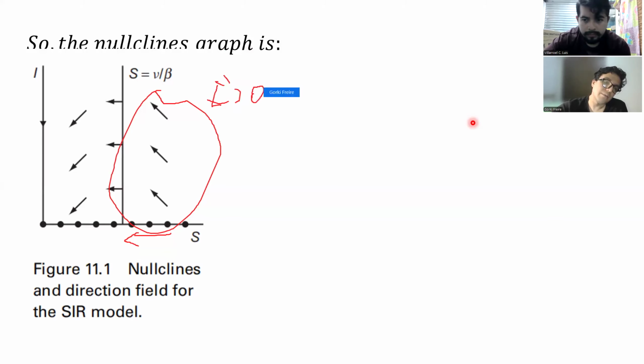When I take values on the left of V over beta of S, I prime is going to be negative and S is decreasing, since the solutions come right here. And I prime is negative because I is decreasing. So that's what we see back there.